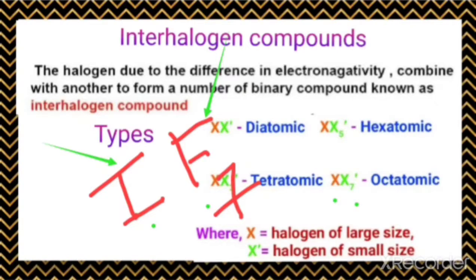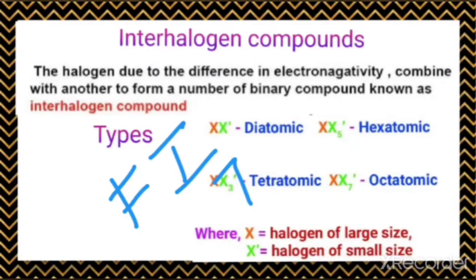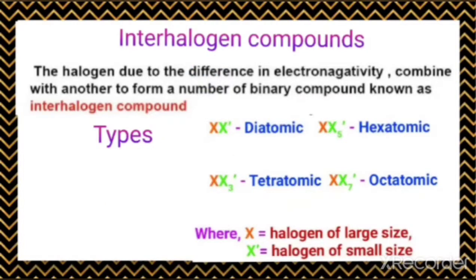So this is the correct way of writing an interhalogen compound. But if I write this compound as FI7, is it correct? If you write it this way, it shows that the first one is X, and this should be of smaller size, while the second one is of greater size. So this is not the correct interhalogen compound. Whenever interhalogen compounds are written, X dash will be the smaller part and of high electronegativity.